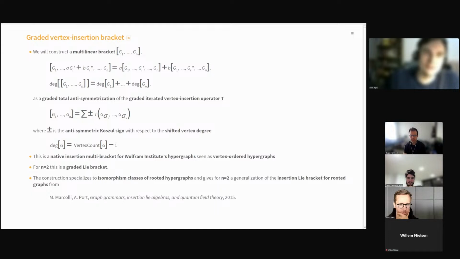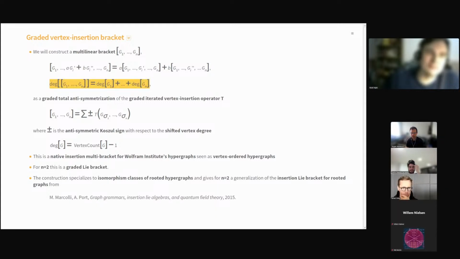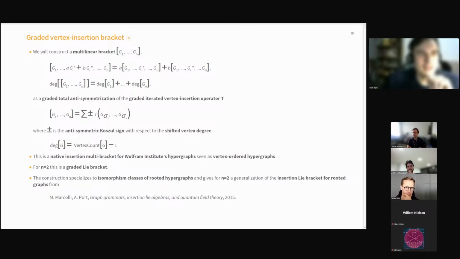You can actually just check that this equation holds, because I told you that the bracket is basically an insertion of the brackets into each other. So here you are going to have in total n minus 1 insertions.